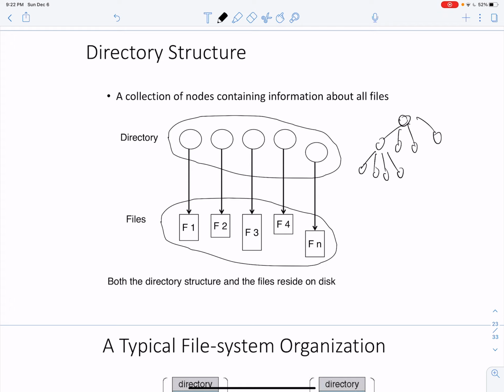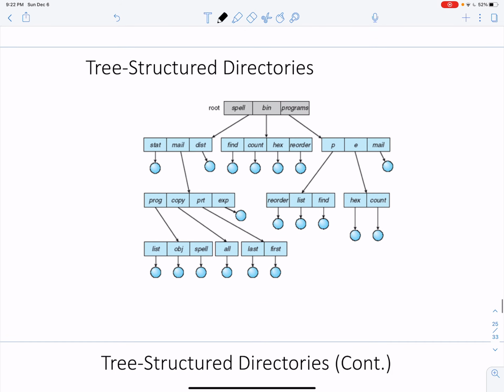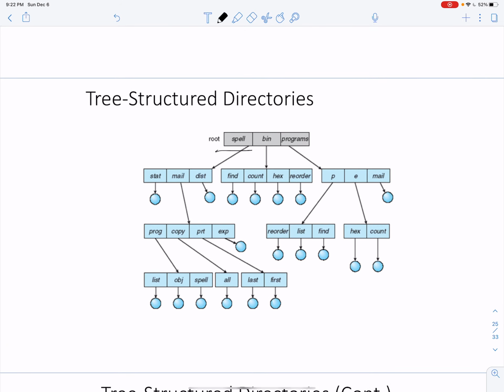In practice, the files and directories are organized in a tree structure too. The idea is pretty much like this. For example, this is our root directory, the highest level of directory, and it has three subdirectories, which are spell, bin, and programs, and each of them points to a set of nodes, which are the files or folders under this directory.